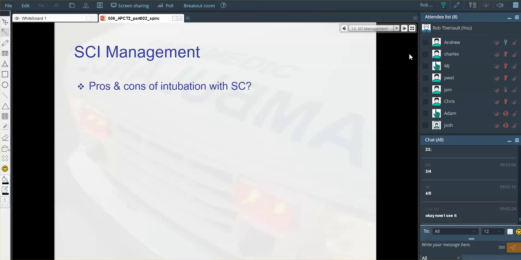Pros and cons of intubating spinal cord injury. Any thoughts about pros and cons? You have more definitive management, especially if they're laying on their back. Yeah, more definitive. Okay, I can't remember if I've got bullets for this stuff.